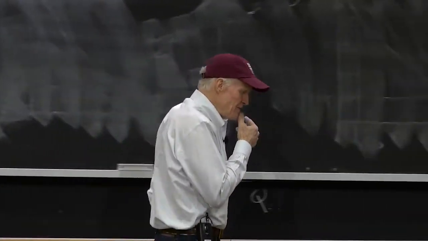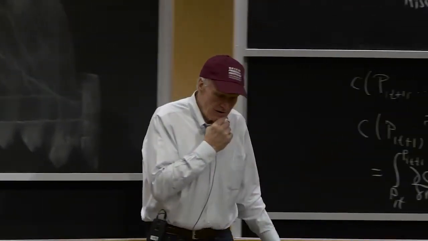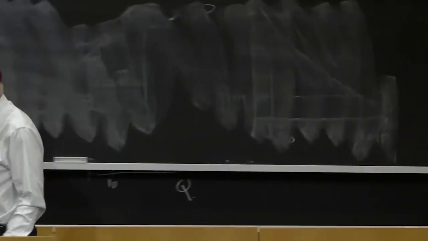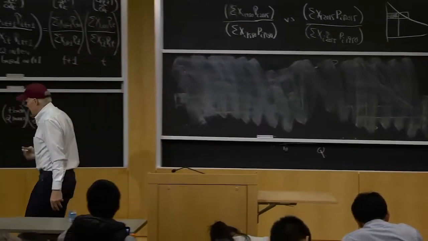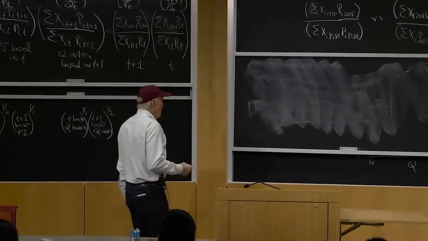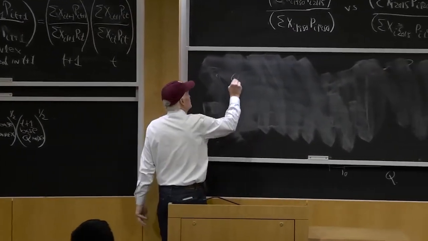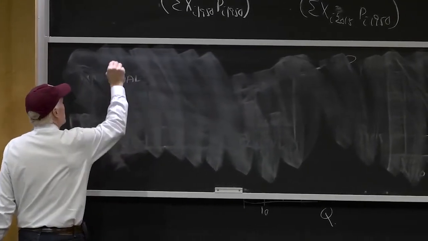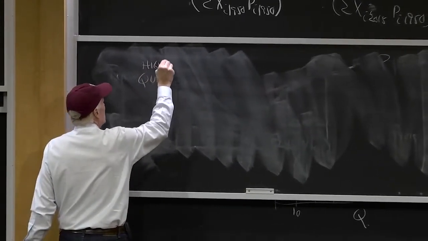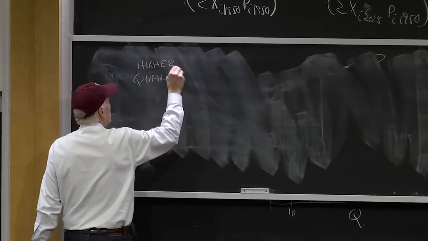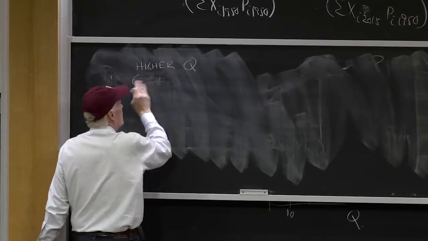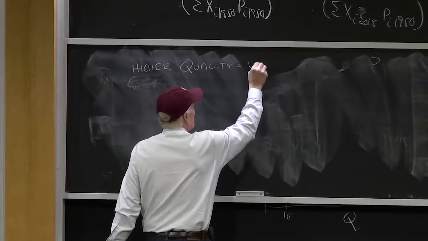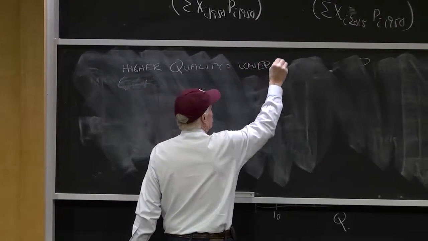So let's think about a simple model of quality. One model of quality that economists use, I'm not saying it's always the best model, but it's a simple model, is to think about quality as effective price: higher quality equals a lower effective price.